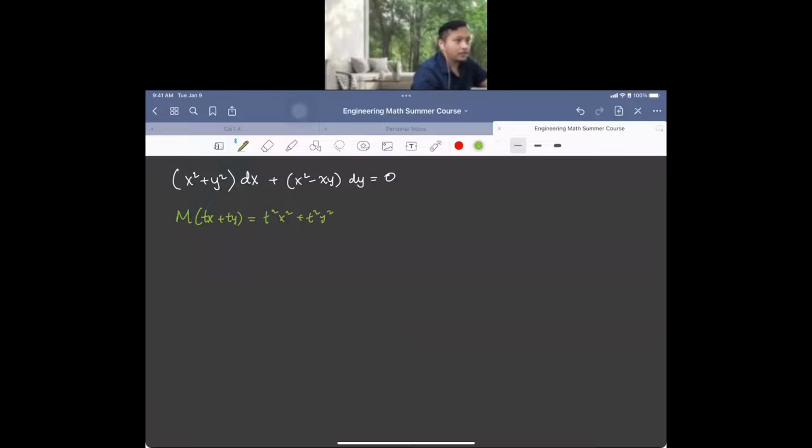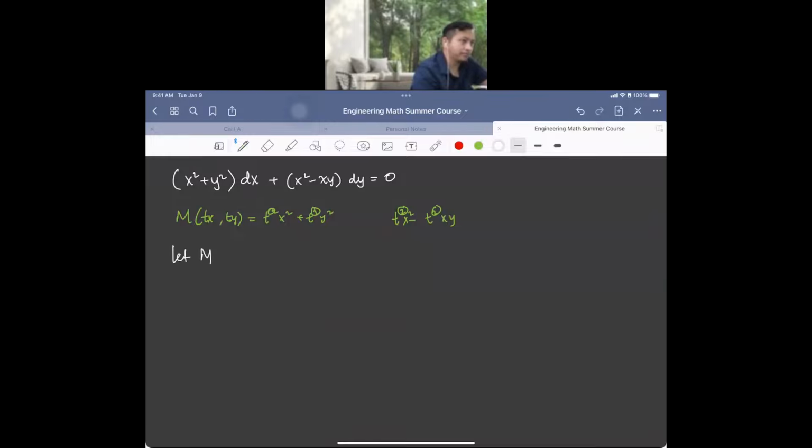So the coefficient of homogeneous is of degree 2. This is also the same, t squared x squared minus t squared xy, and this also has degree 2, right? So polynomial degree 2 for the homogeneous.